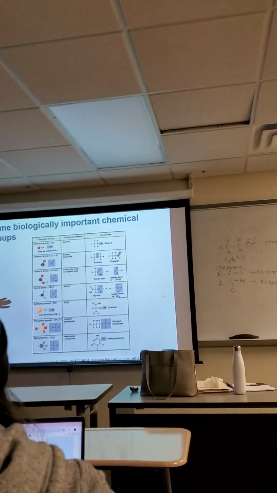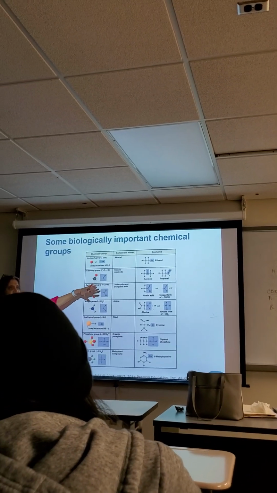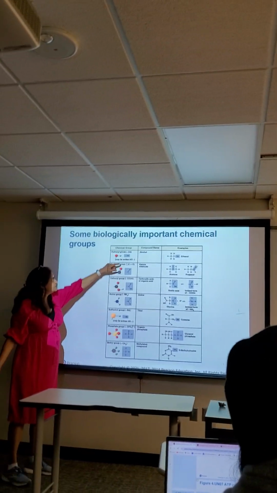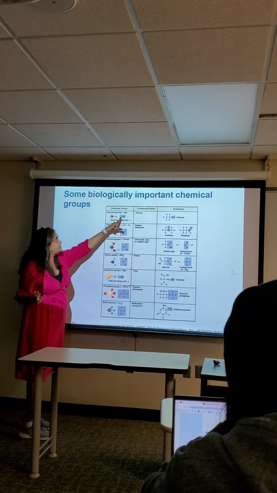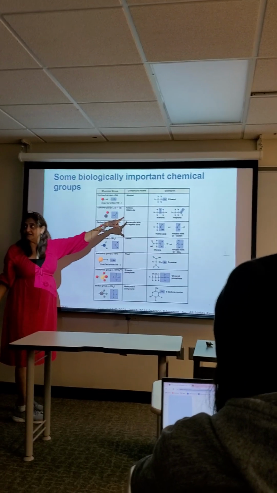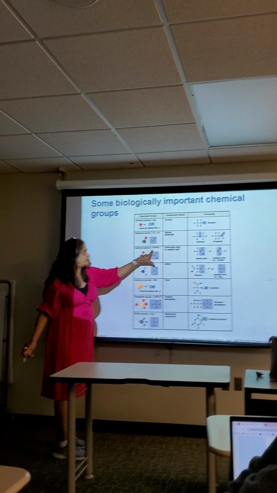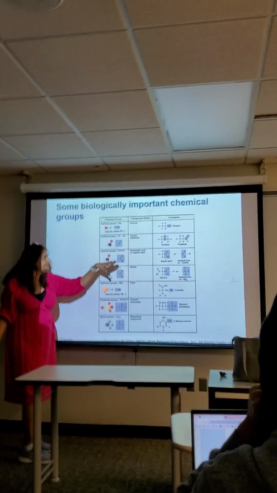The third is called the carboxyl group. Carboxyl group is sort of a mixture of the hydroxyl group and the carbonyl group: OH coming from the alcohol, the hydroxyl group, and C double bond O. So it is called COOH.